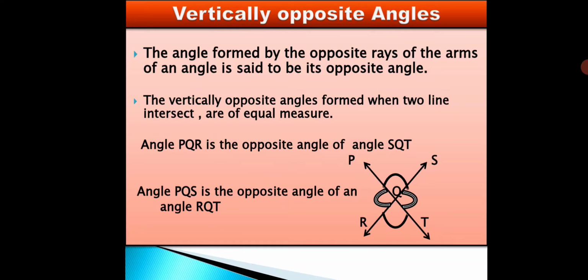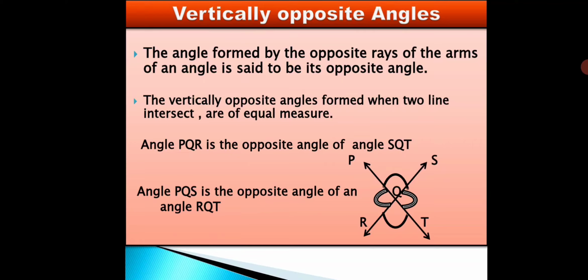Hence, angle SQT is called the opposite angle of angle PQR. So in this way students, you can make the pair of opposite angles. And let me tell you one more thing, that the measure of opposite angles is always equal. It means they are congruent angles.